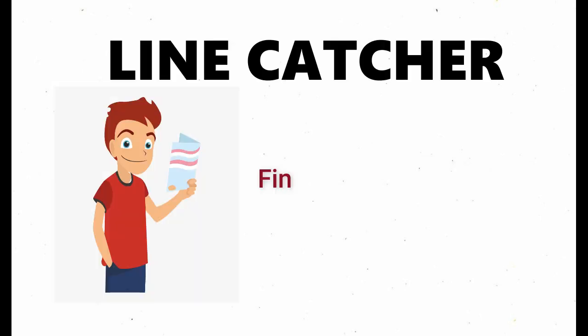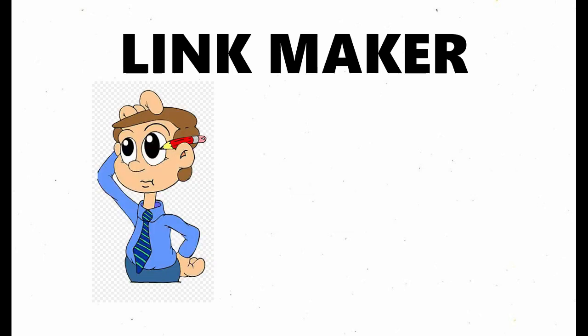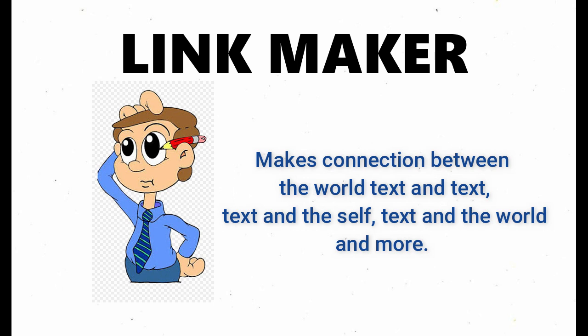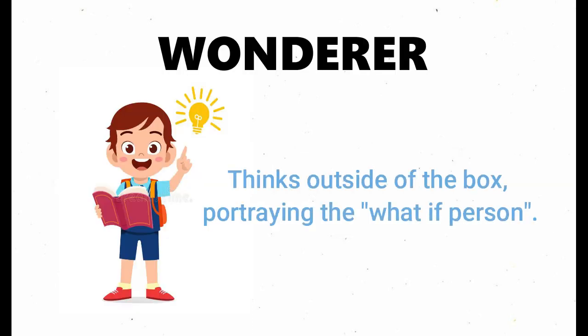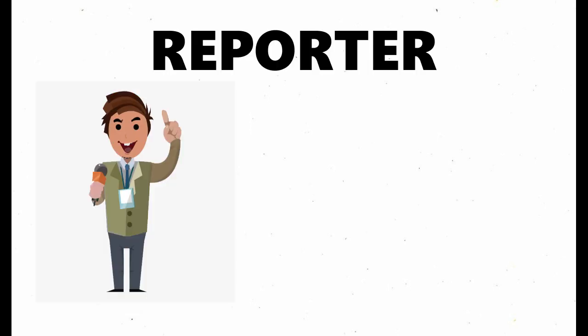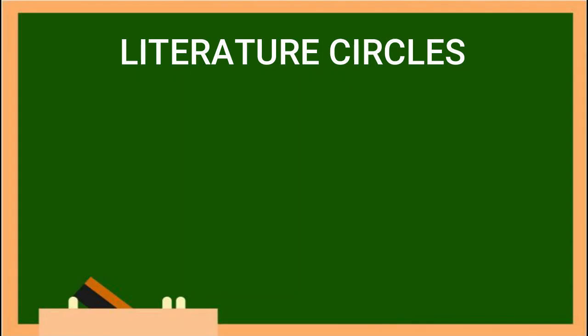The line catcher finds interesting parts or passages that stick out. The link maker makes connections between text and text, text and the self, text and the world, and more. The wanderer thinks outside of the box, portraying the what-if person. And the reporter summarizes the information.